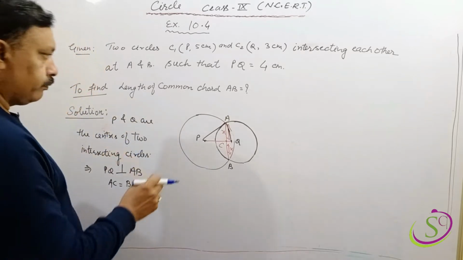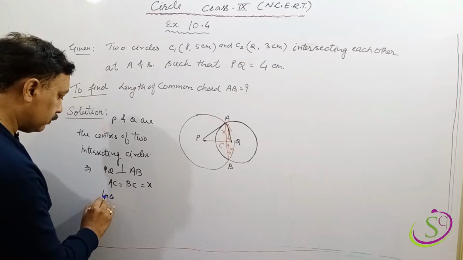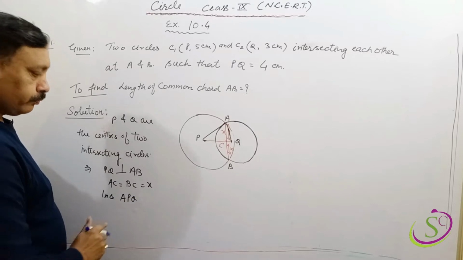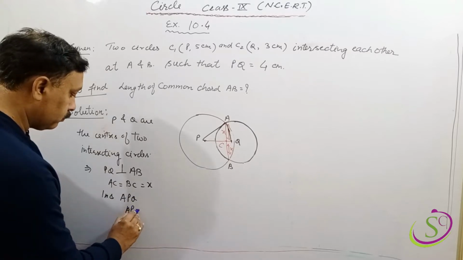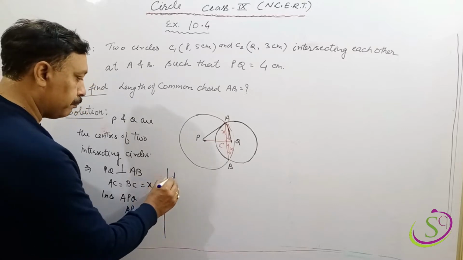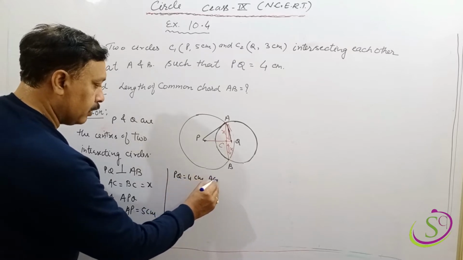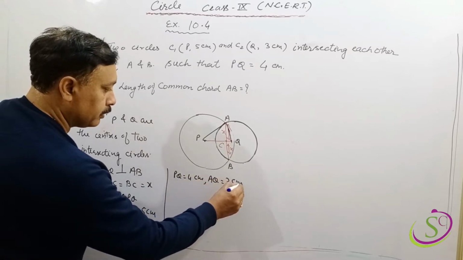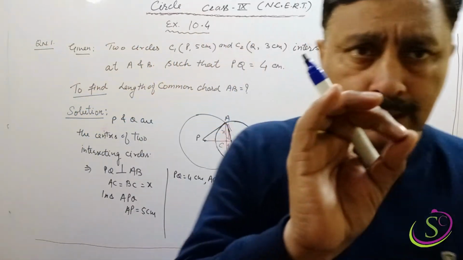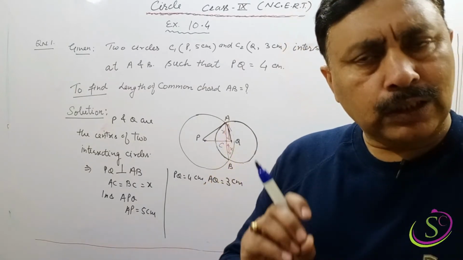So in triangle APQ, AP is 5 centimeter, PQ is 4 centimeter, and AQ is 3 centimeter. Clear? Here triangle APQ has all three sides known.